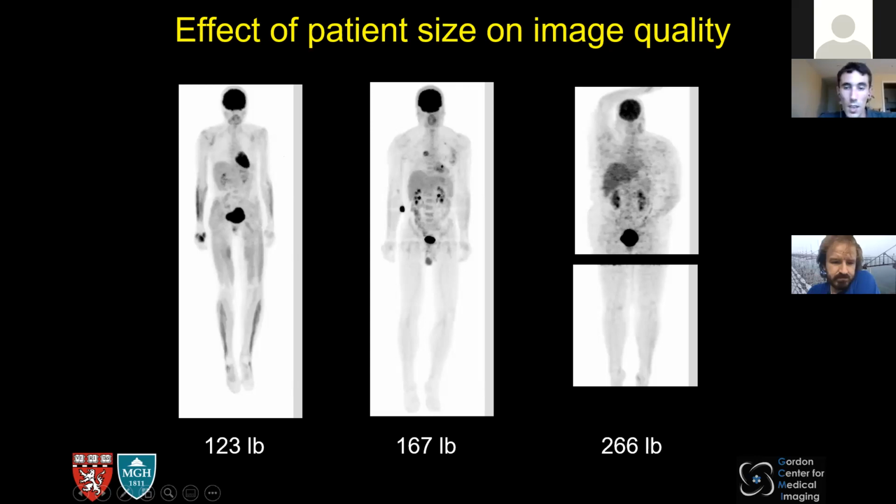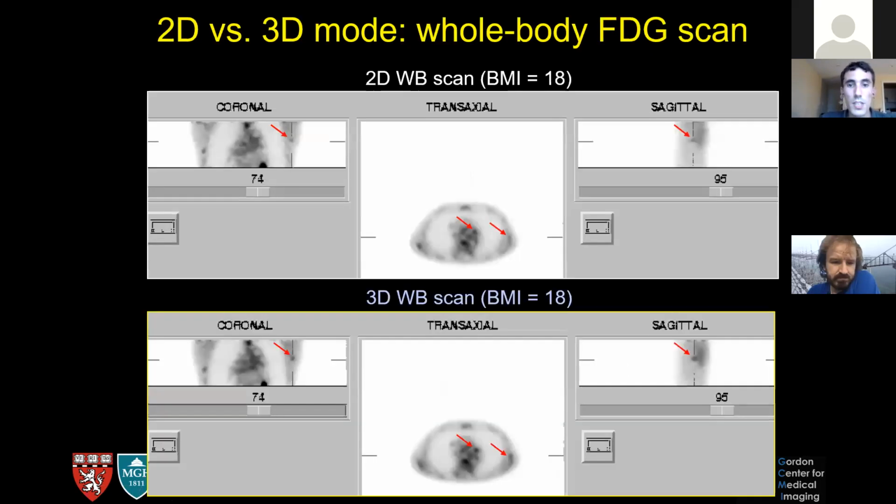Okay, keeping this in mind, now let's examine the impact of 2D and 3D modes on the image quality for patients of different sizes. This is the same patient here, scanned with a BMI of 18, so a very thin patient, scanned with a 2D mode and a 3D mode at the bottom. Look at these small tumors here in the flank of the patient.